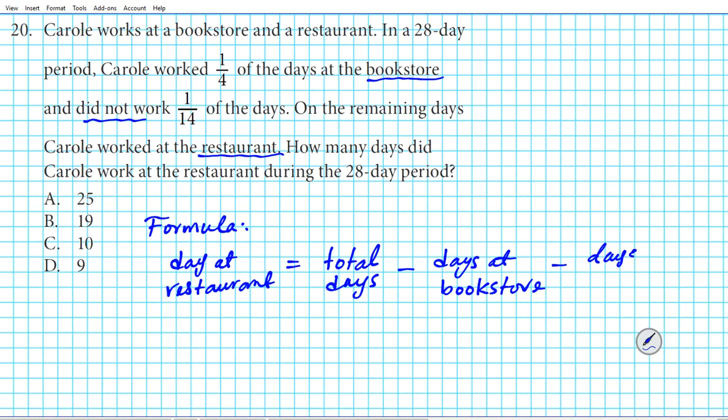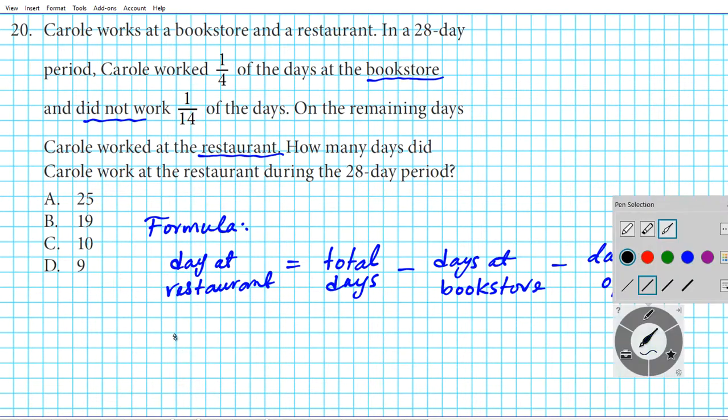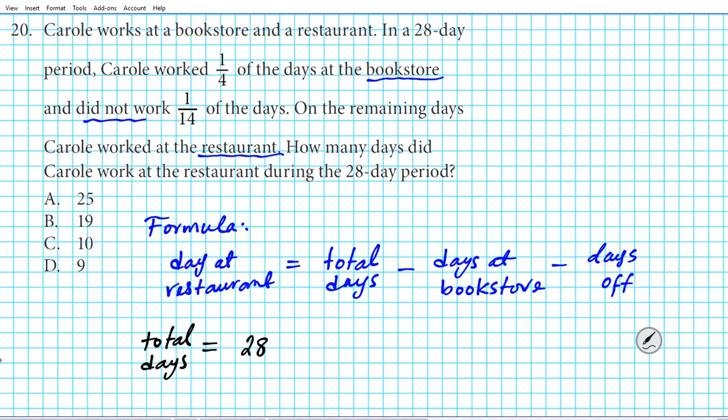Days off. Okay, the days that Carol did not work. So let's see what we know and find what we need. Total days is what? In this particular problem, we're looking at a total of 28 days.